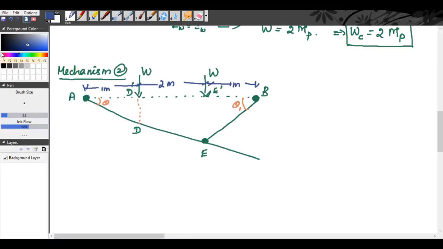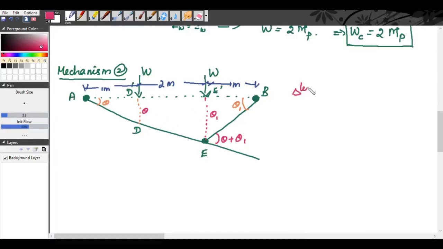So let us take, so this distance D dash is 1 into theta. So theta, this distance E dash is again 1 into theta 1. So it is theta 1. Now this angle will be equal to theta plus theta 1. First of all, we will find the relationship between theta and theta 1.